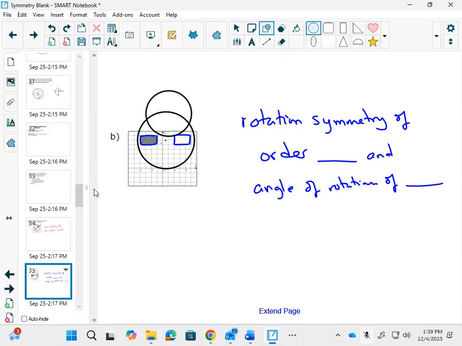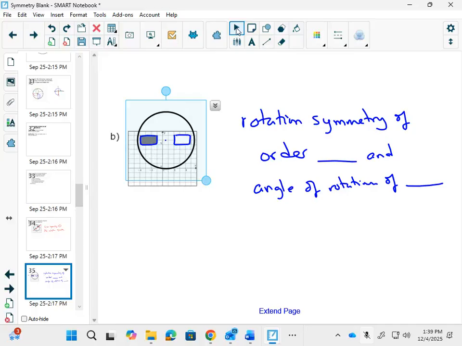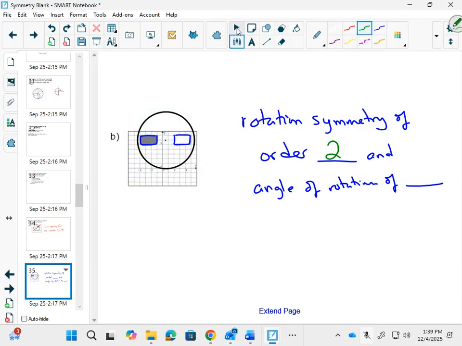One way that I think about the order is how many times does it match up, including when it gets back to the beginning. So here, 1, and back to the beginning, 2. Order of 2. And then the angle, 360 degrees divided by your order, 180 degrees.